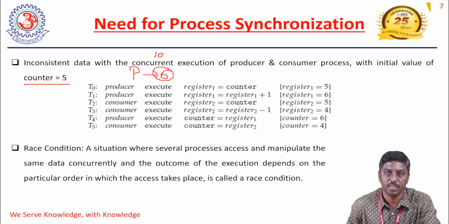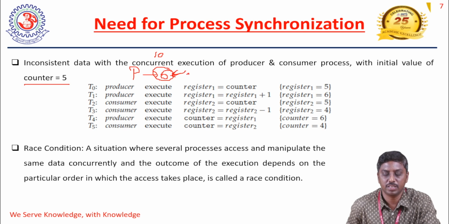Now assume that after the producer completed its execution, the consumer process also ran one instance of it. What is the counter value now? After the producer execution, the counter value is 6. Now the consumer also ran, and after completing, it will decrement the value of counter by 1.